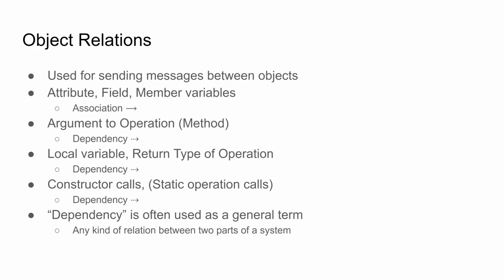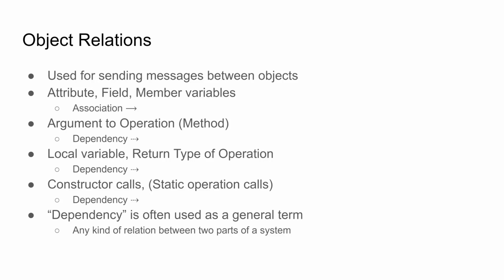In general, dependency is often the word used to denote a relationship between two parts in a software system. I try to use the word relation so as to separate dependency from the other types of relations we can have.